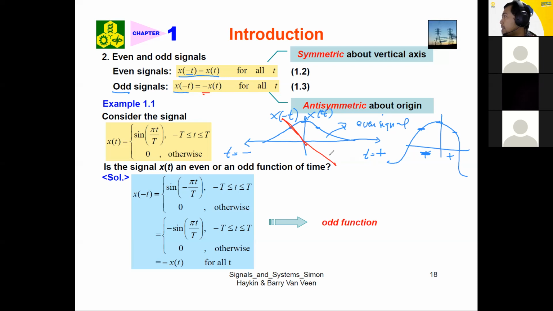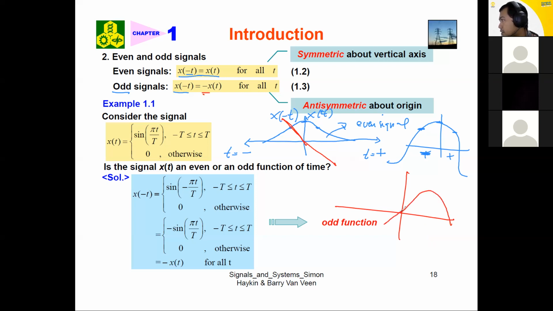Okay, it's clear. And for this kind of odd signal, it's a sine. You remember that? Sine is not like this, it's like this, right?